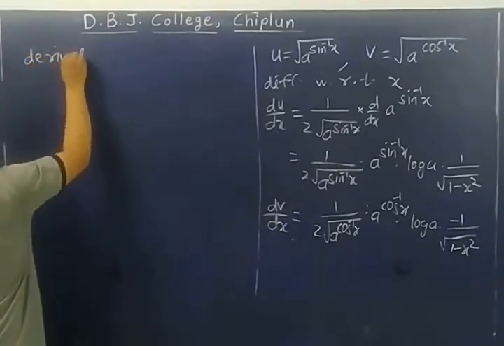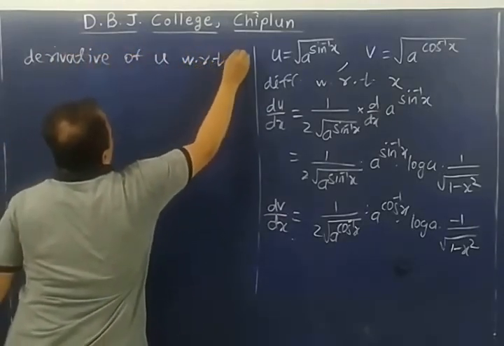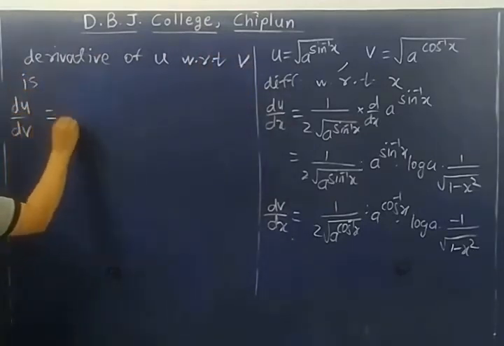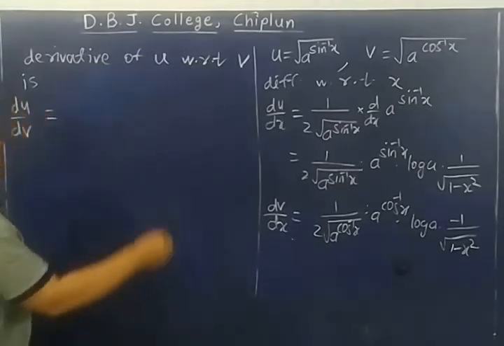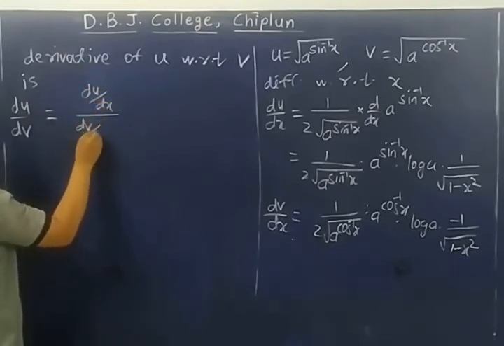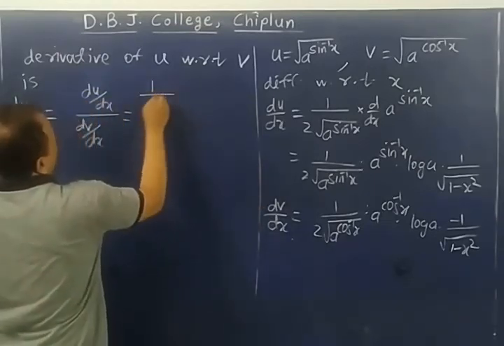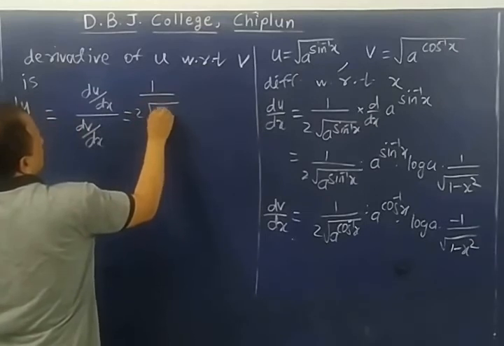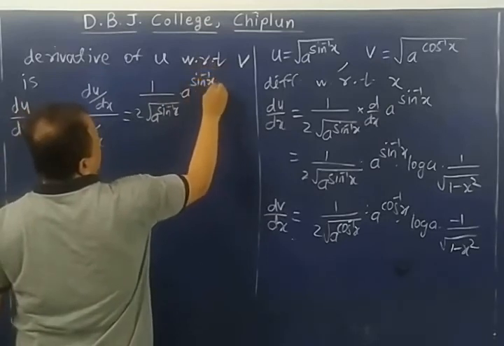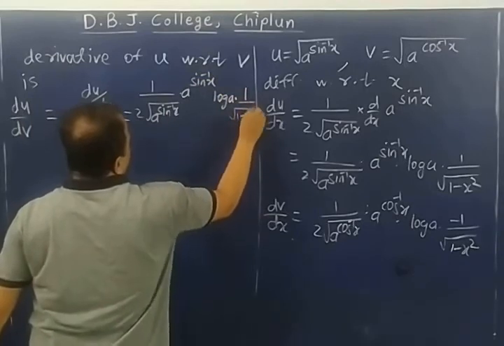Derivative of u with respect to v is du by dv. du by dv is equal to du by dx upon dv by dx. du by dx is 1 upon 2 under root a raised to sine inverse x into a raised to sine inverse x into log a into 1 upon under root 1 minus x square.